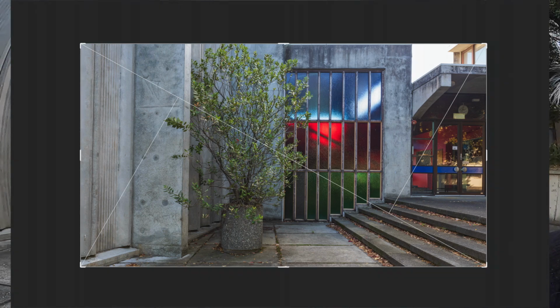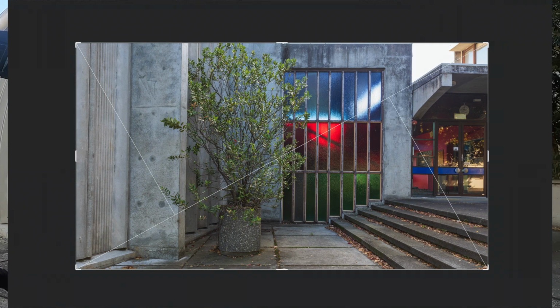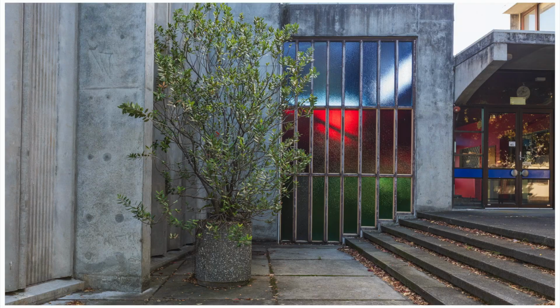Now it's how we apply the golden triangle principle to this to make it a more pleasing composition. There's plenty of lines there, and we'll just play it by ear.